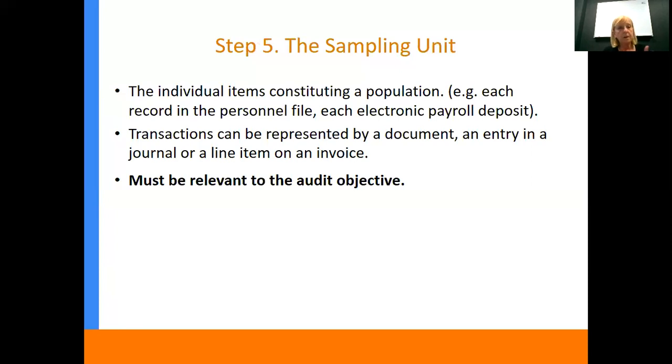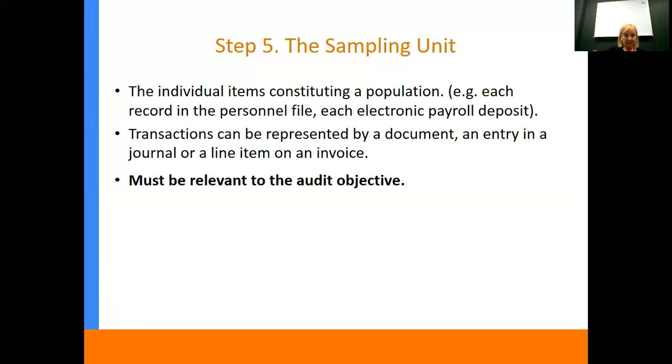If I want to check for completeness on the records, then I would be looking at the records. In fact, I just said that back to front, and I do this all the time. If I was checking for existence, my sampling unit and my population would be entries in the inventory register.